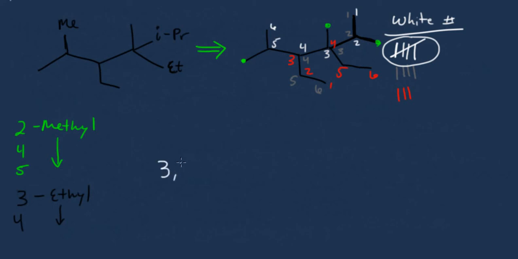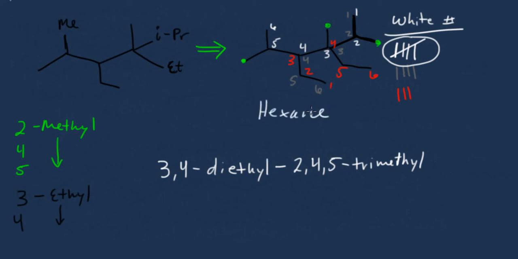So we have our 3,4-diethyl, followed by our 2,4,5-trimethyl, and our parent chain, which we saw was 6 carbons long, and 6 carbons is a hexane carbon chain. So we're going to add that to our back right here, and this is our answer: 3,4-diethyl-2,4,5-trimethylhexane.